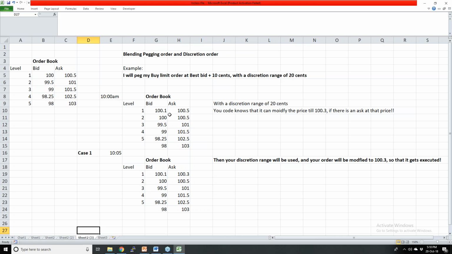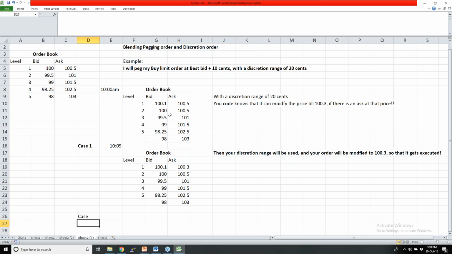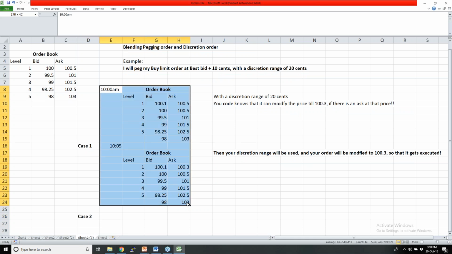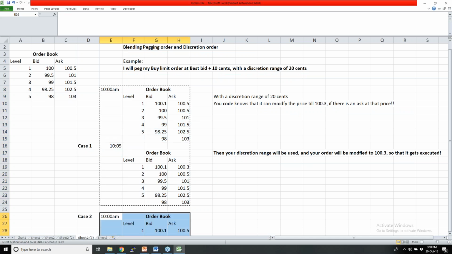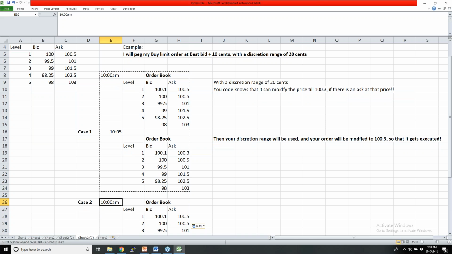Case 2, it's quite possible that the ask does not move, but the bid moves, right? So if the bid moves to 100.2, then I will modify my order at 100.1 to 100.3, right?